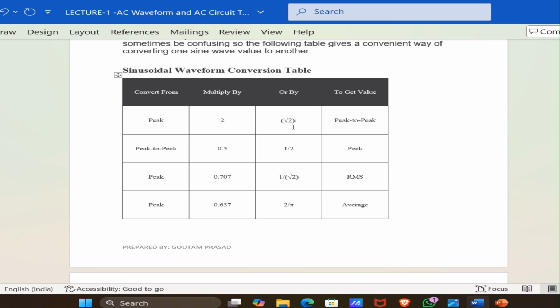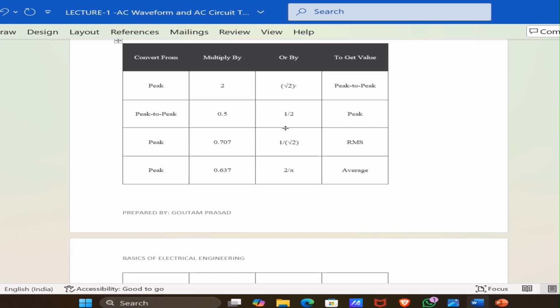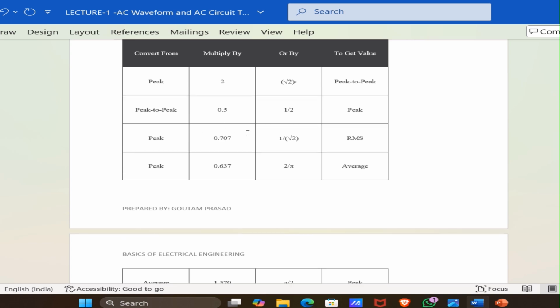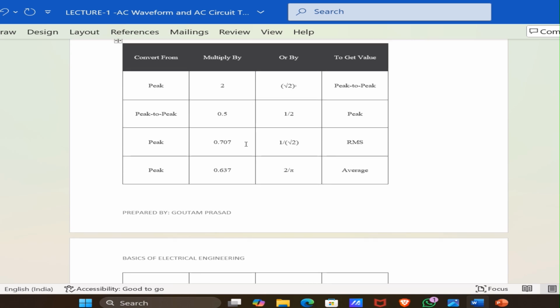Peak to peak value you get by multiplying the peak value by 2. To get the peak value from peak to peak, multiply by 0.5, which is nothing but 1 by 2, that is, divide by two. Peak value, you have to multiply by 0.707 to get the RMS value.